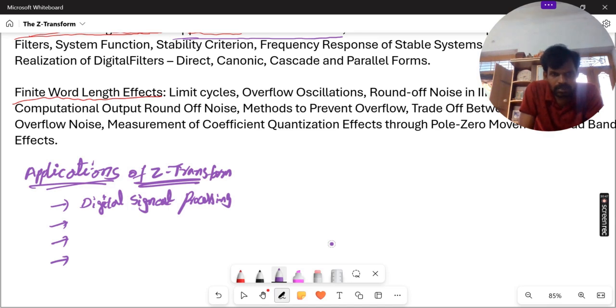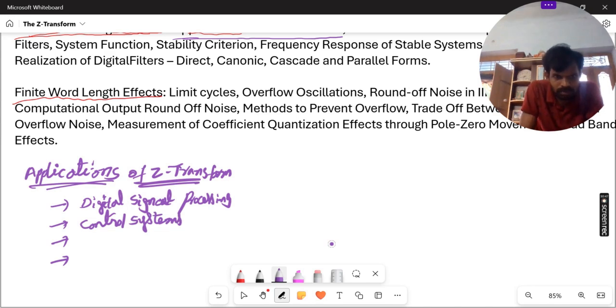And control systems. And communication systems.